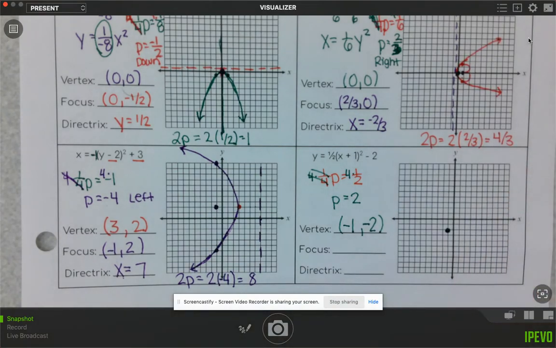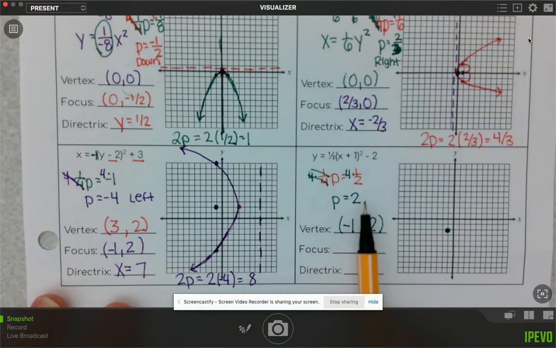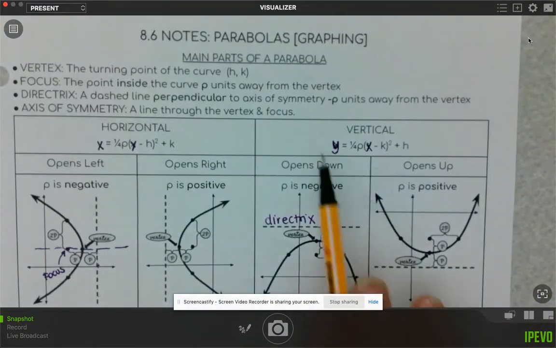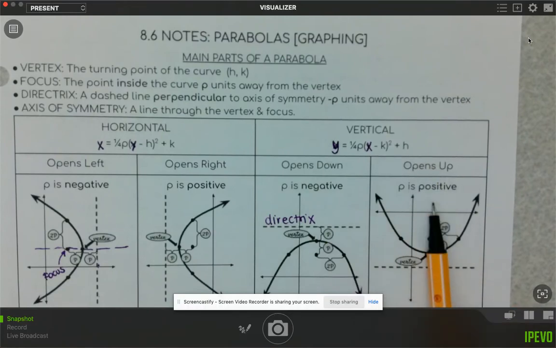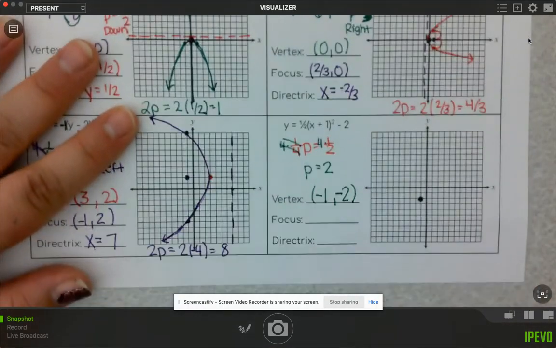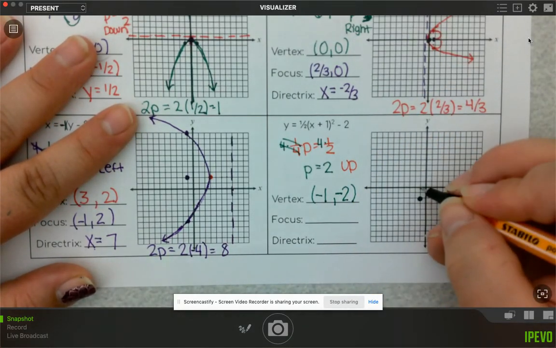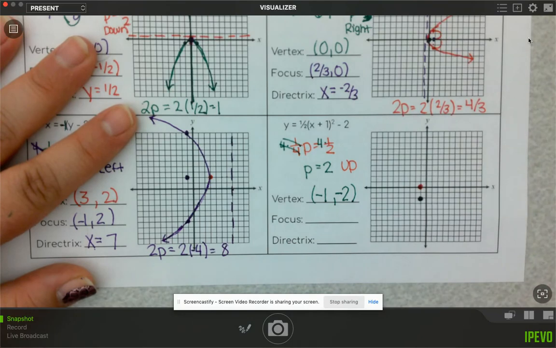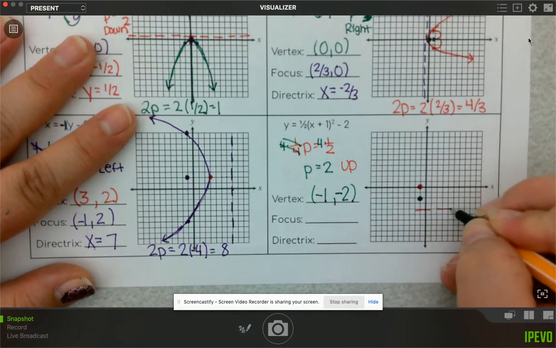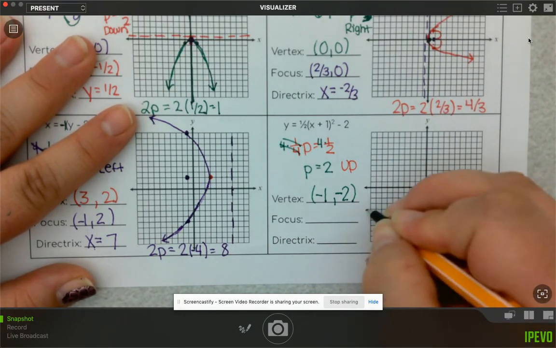And for my focus, I have to decide: y is by itself and p is +2. So that means y is by itself, p is +2. So it's going to open up. So I'm going to go 2 up, and that's my focus. And if I go 2 down, that's my directrix.